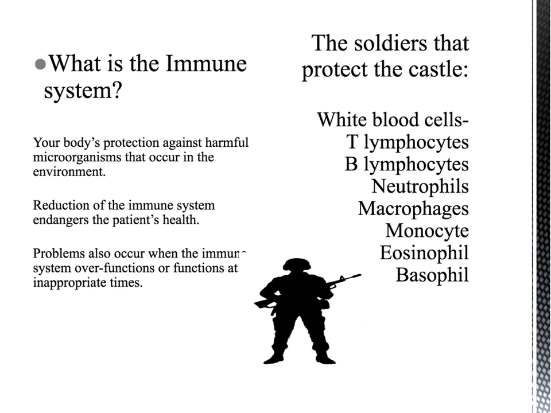Let's break that down and see how many of them are neutrophils, how many are macrophages, how many are monocytes, how many are eosinophils, and how many are basophils. The reason that a provider might do that is because it gives them a picture of maybe exactly what the problem is in the patient. If their white blood cells are elevated, they want to know which one of these is most elevated.